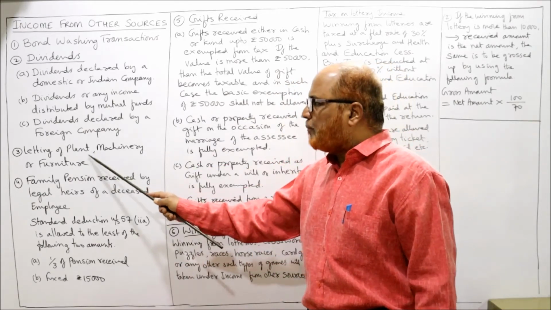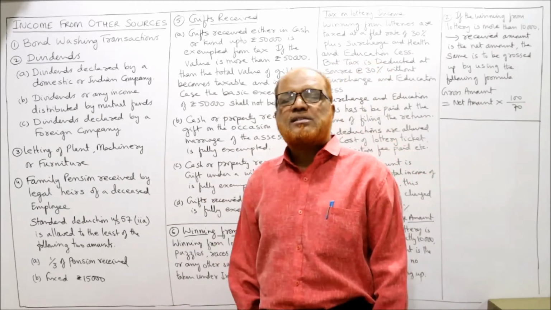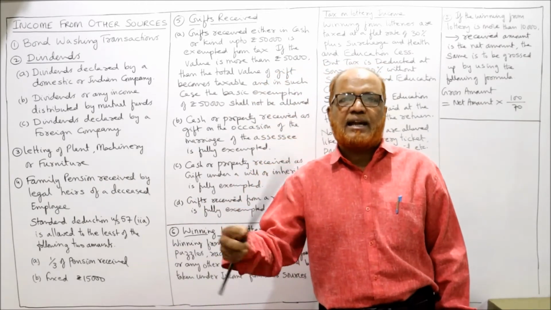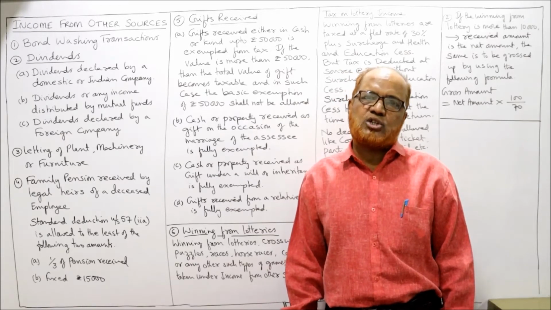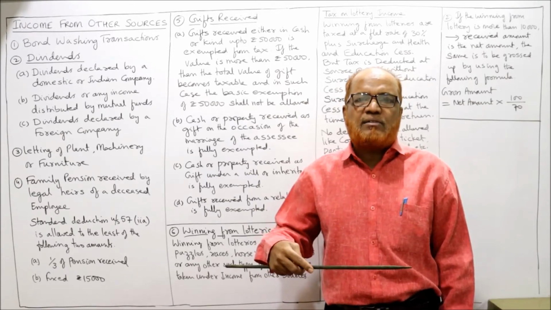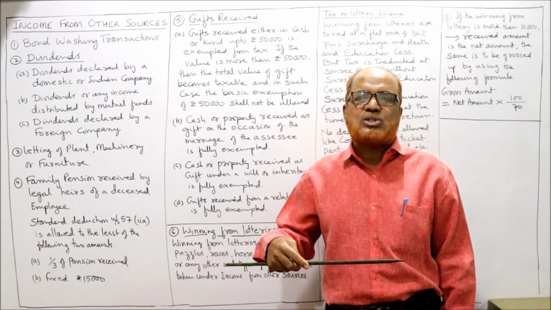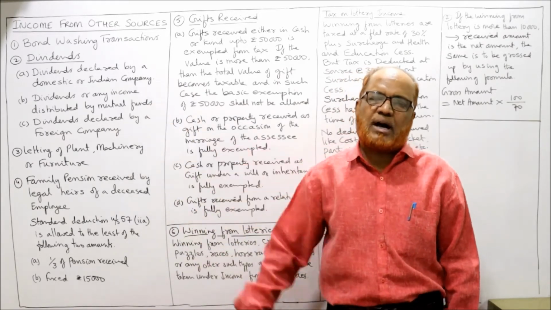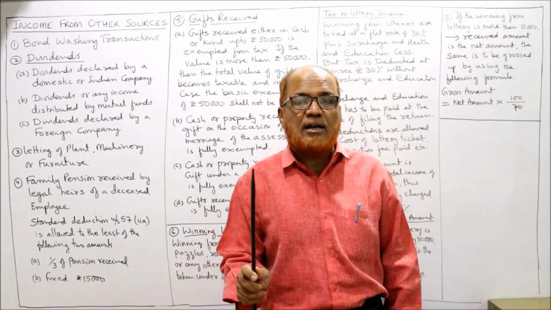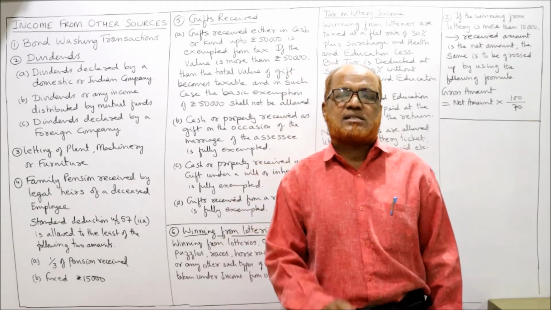Now, letting of plant, machinery and furniture. Sometimes an assessee will give on rent plant, machinery or furniture. Any amount received in the form of rent or hire charges for this plant, machinery, furniture is taxable under income from other sources, provided it is not his business.